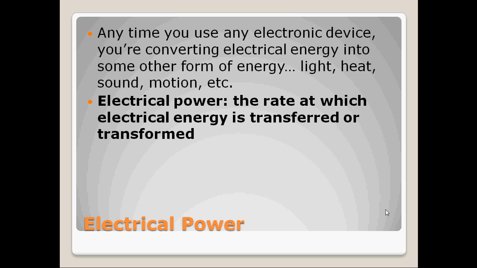Okay, so when we talk about the power rating of that device, whether it's a light bulb or a blender or your TV or whatever, what we're really looking at is the rate at which energy is being drawn from the grid and transformed into whatever form of energy it is that you are trying to get your device to put out.